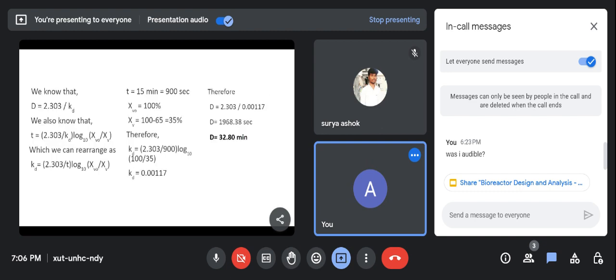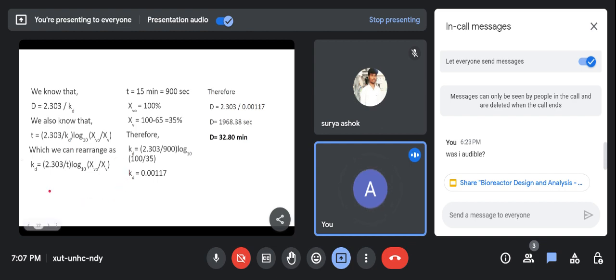Okay. So we know that the decimal reduction time is given by a formula of 2.303 by Kd, which is the rate constant of death. And you know that for a first order reaction, the rate constant is given by this formula, which is 2.303 by T log 10 of initial number of cells by final number of cells.